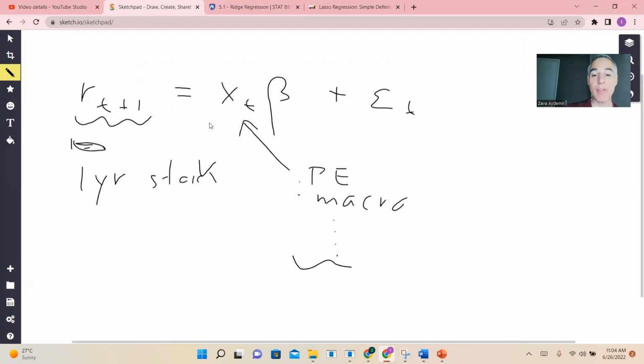And this could be very rich data. You could have just 3 variables, all the way to possibly even 100 variables. The problem, however, is that, and just bear in mind that this is indexed as T.